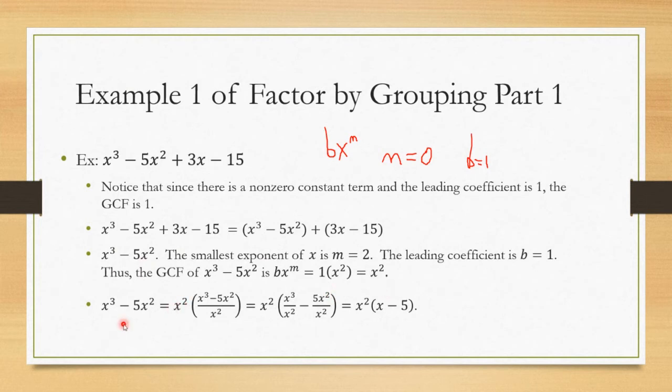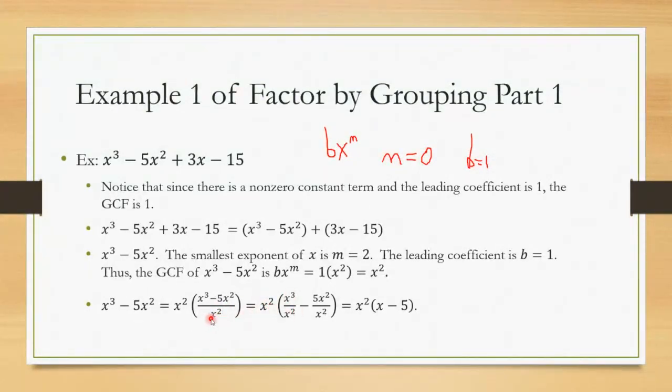We factored that out of the first group. Again, each group here, we're going to find the GCF and factor it out. Here we got x squared. We're factoring that out, as you can see. So we have x squared in front. We divide to see what's left over. We have x squared times x cubed over x squared, right?